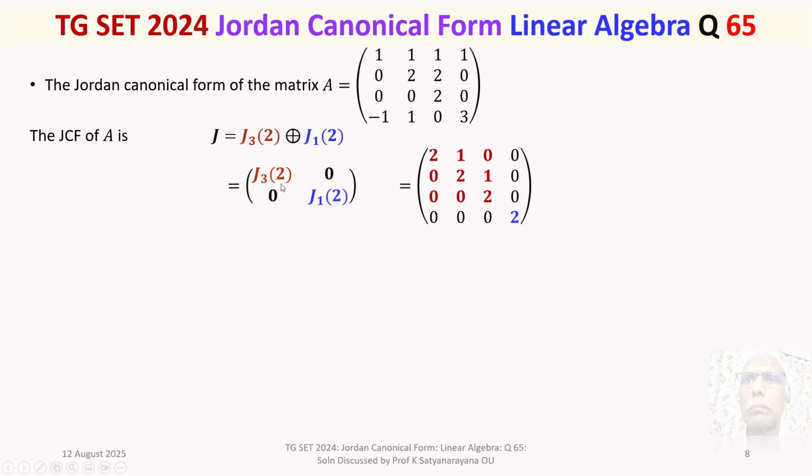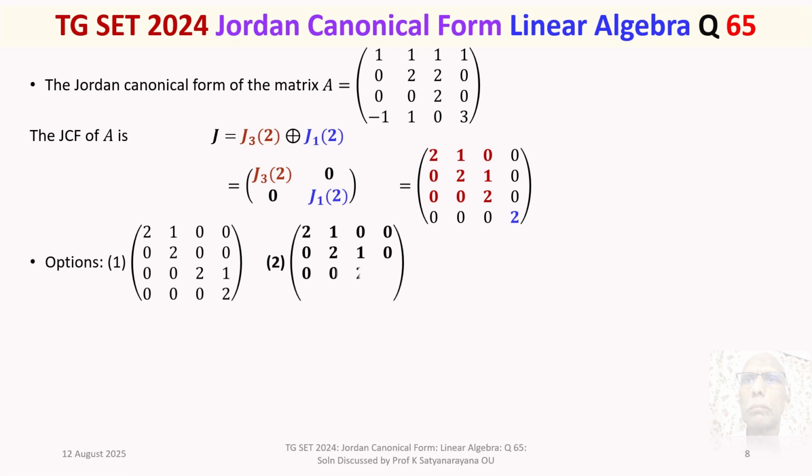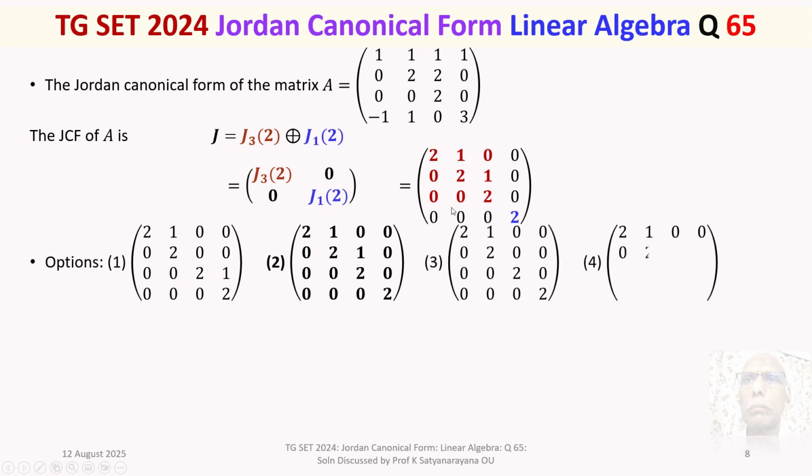It is the Jordan block with eigenvalue 2 of size 3. And the remaining is 1 by 1, which is 2. So this is the JCF of A. And let's look at our options. In these options, option 2 is the one we got. Therefore, the answer to this question is option 2.